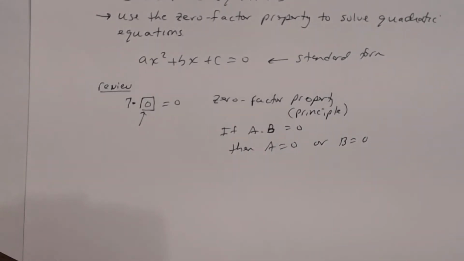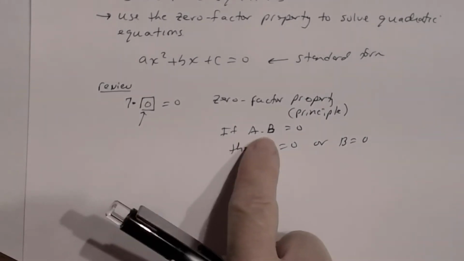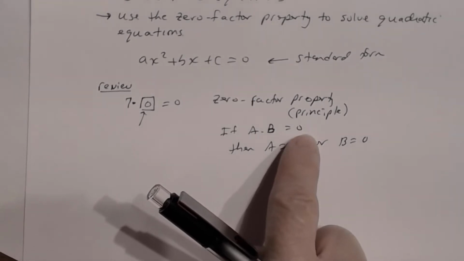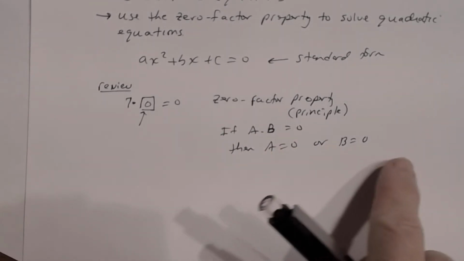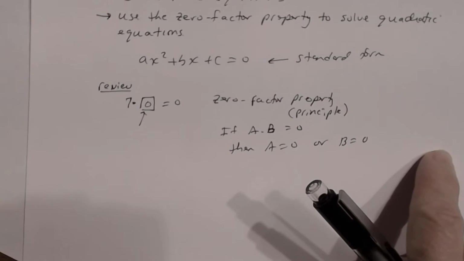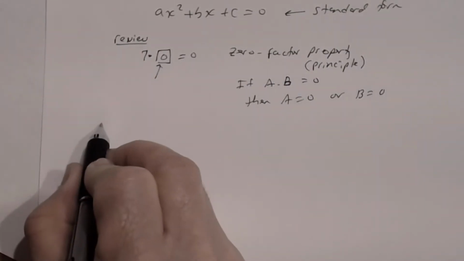And that's the zero factor property. So if you have two or more factors whose product is 0, then one of those factors has to be 0.